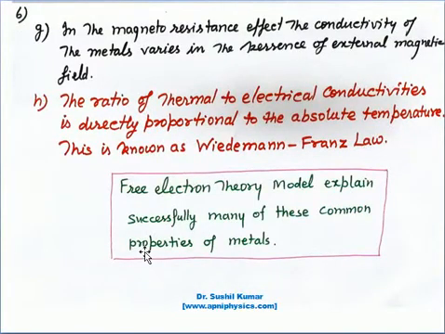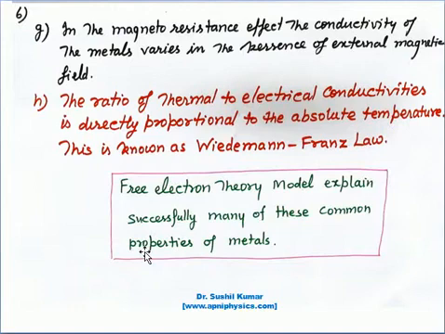Now the next point, in the magneto-resistance effect, the conductivity of metals varies in the presence of an external magnetic field, and the ratio of thermal to electrical conductivity is directly proportional to the absolute temperature. This is known as the Wiedemann-Franz law.